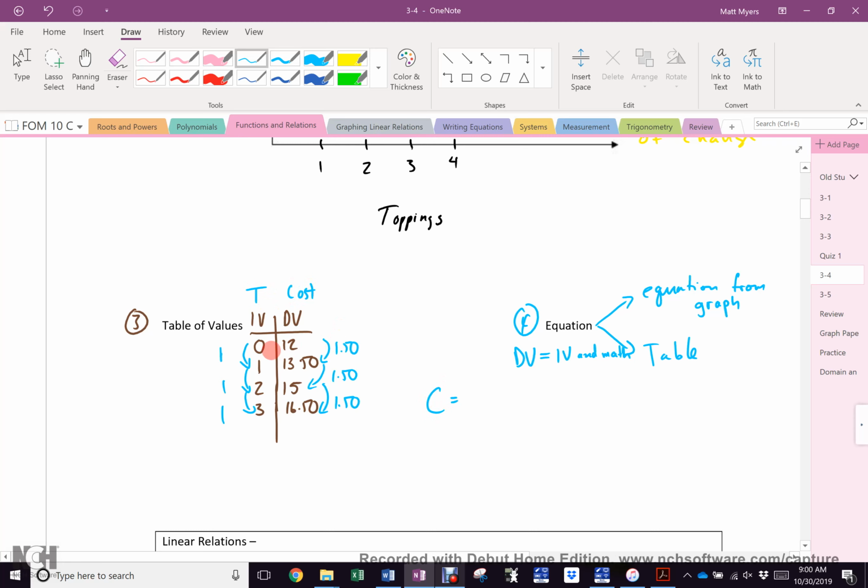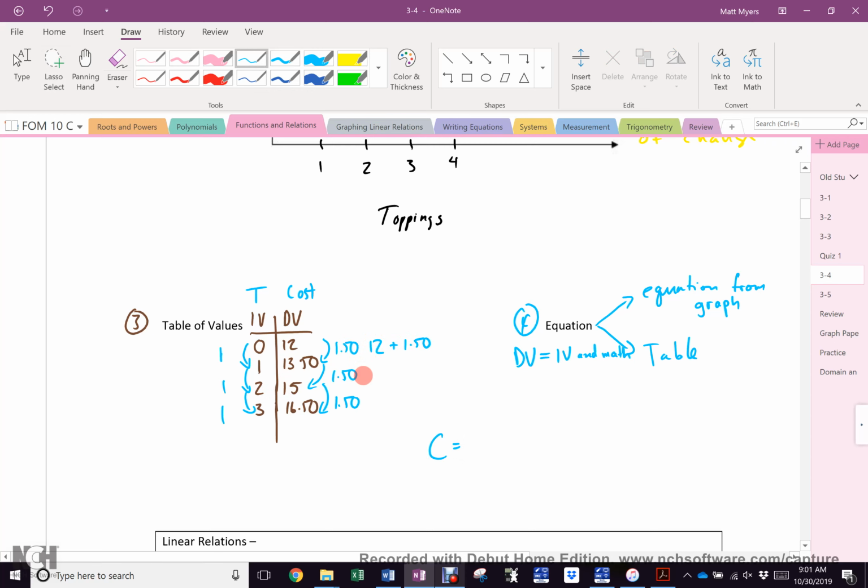So let's have a look at this. When it's 0, 12. Easy. No math happening, right? All right. Now, to get the 13.50, I added 1.50, yes? But what really happened is I had 12, right? And I added $1.50, yes? Everyone agrees? Well, when I go to 2 toppings, do I still pay that original 12? Yes.